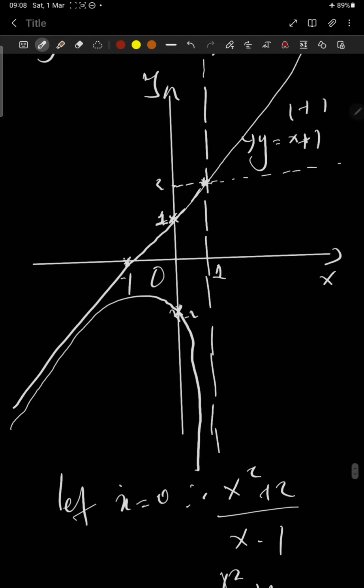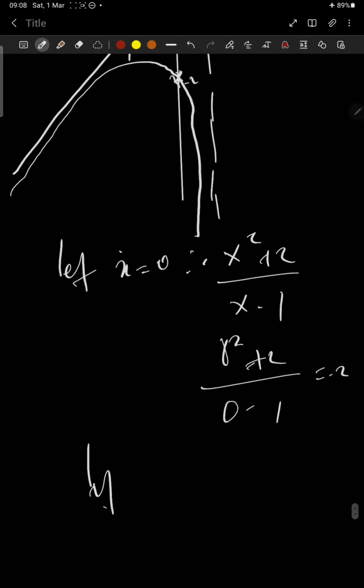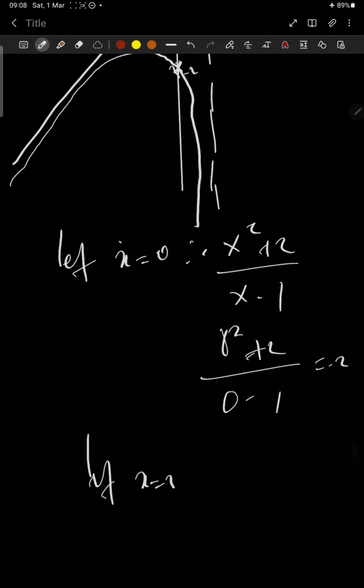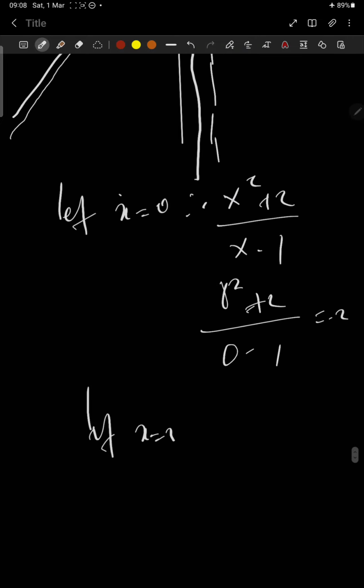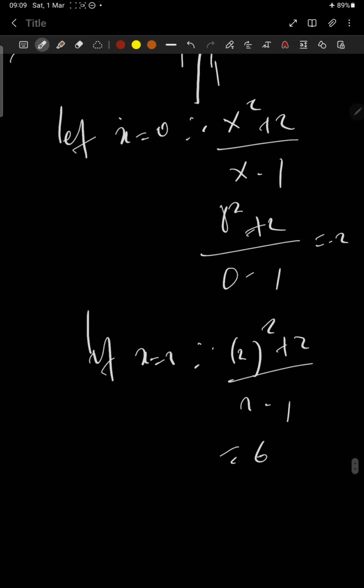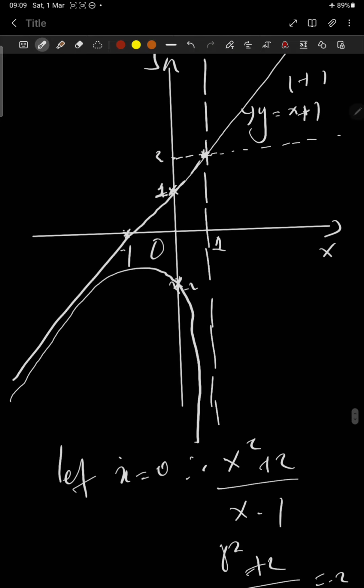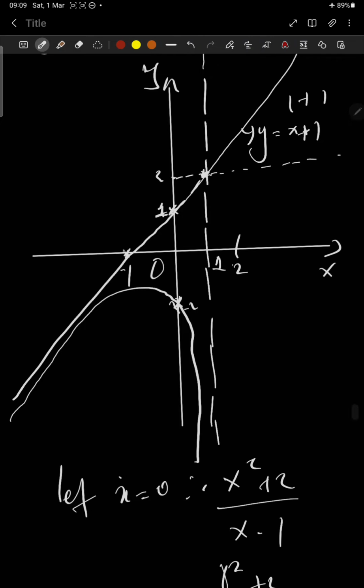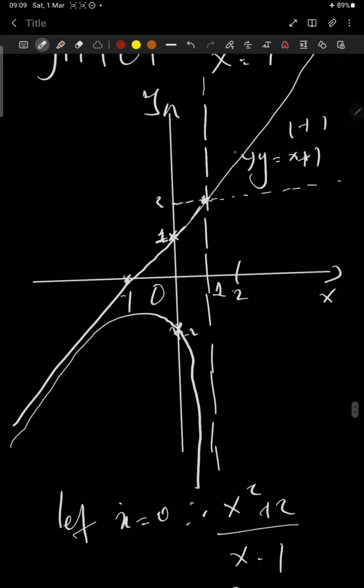Now let me pick a point after. Let x be equal to 2. I'll replace it there: 2 squared plus 2 over 2 minus 1. The answer will be 6 over 1, which is 6. So when x is 2, y is 6. Now how can you find 6? It is a point inside here, somewhere there.